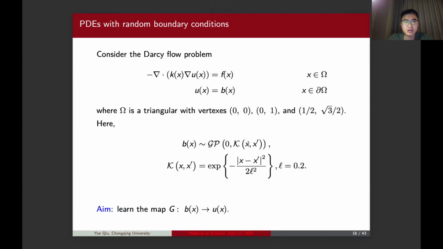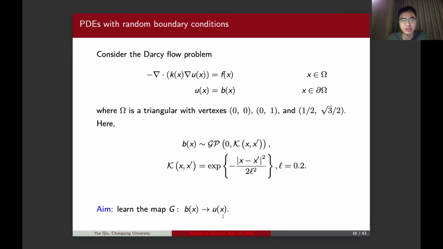Okay, and we also tested another problem, which is also a benchmark problem we take from the paper. It has a triangular domain, and our aim is to learn from the boundary conditions to the PDE solutions.